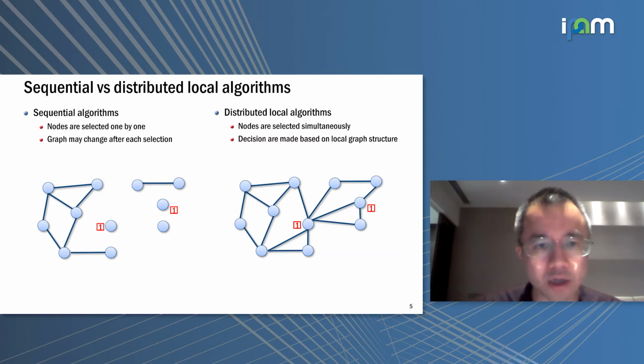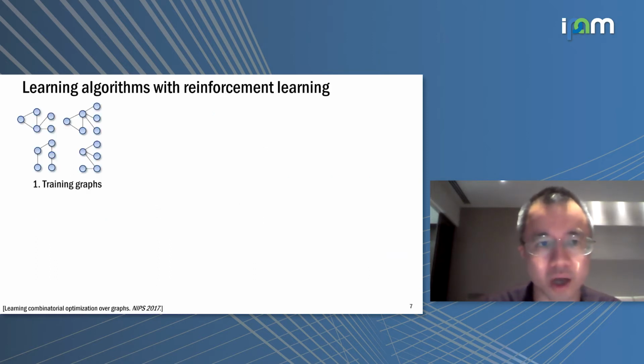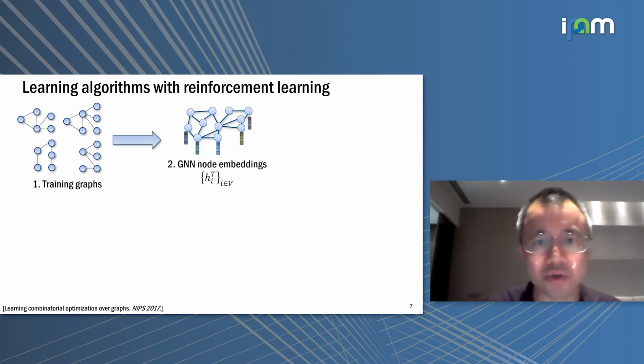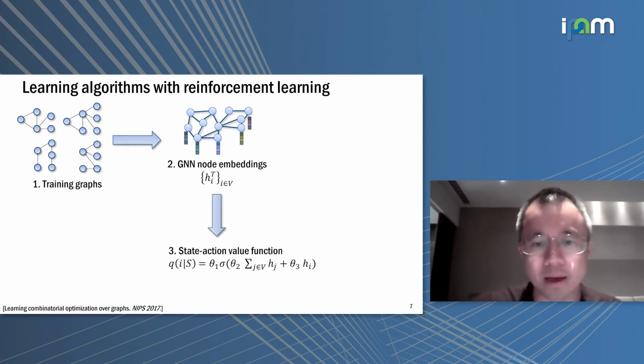And actually, the sequential algorithm can be viewed as a Markov decision process. You use this graph neural net to parameterize these node selection probabilities. In the language of reinforcement learning, that's a state action value function, right? You parameterize it with these graph neural nets.